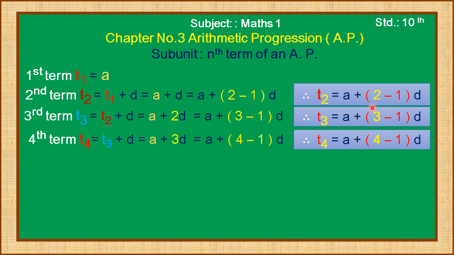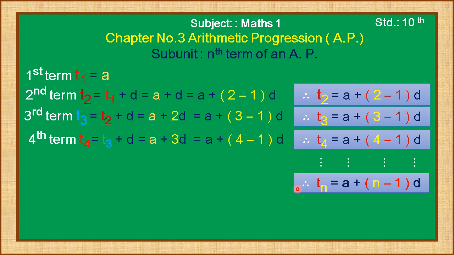Now observe the coefficient of D in each term, in T2, in T3 and also in T4, and replace these numbers 2, 3, 4 with the unknown variable n.